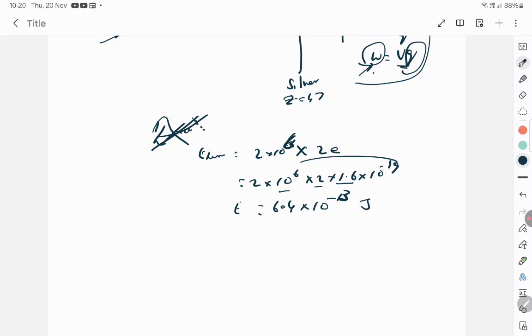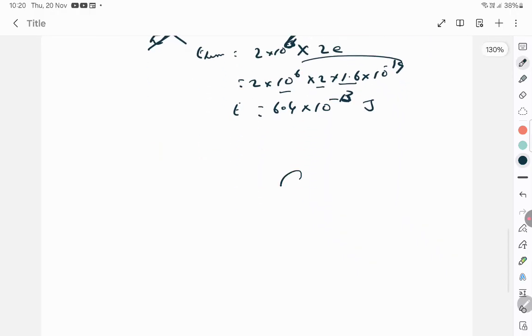Now, next, what are they asking? Calculate the kinetic energy of the alpha particle at a distance of 5 × 10^-14 meter from the nucleus. So you have a nucleus.